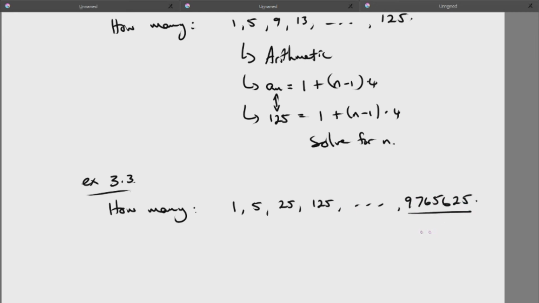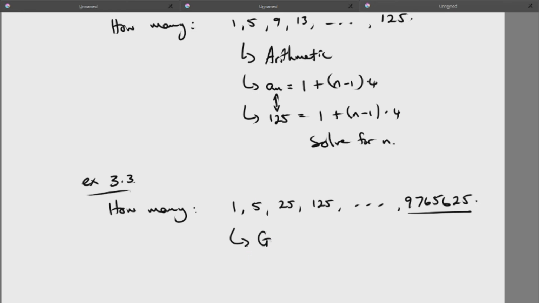That's still one number. The reason this gets so big so fast, not because there are that many terms, but because I'm multiplying every time. Making that what kind of sequence?